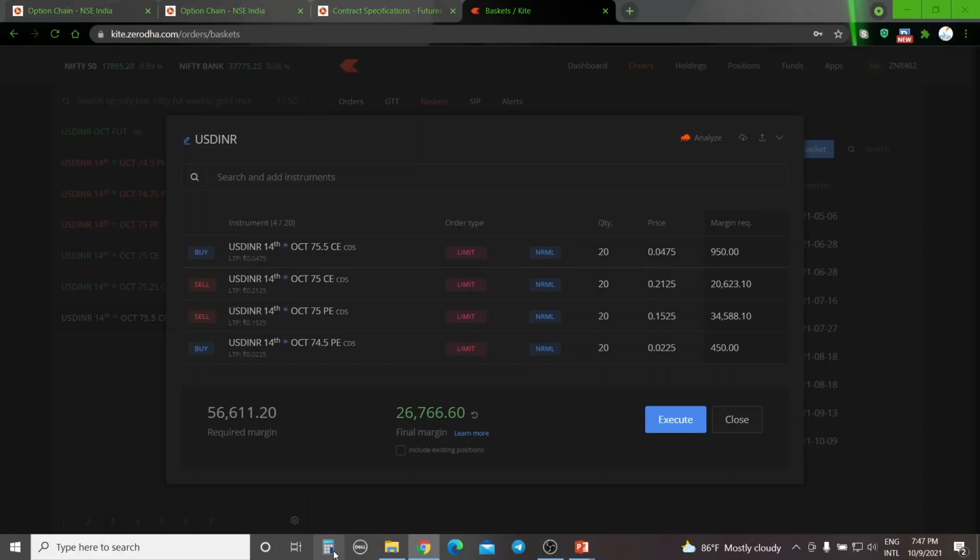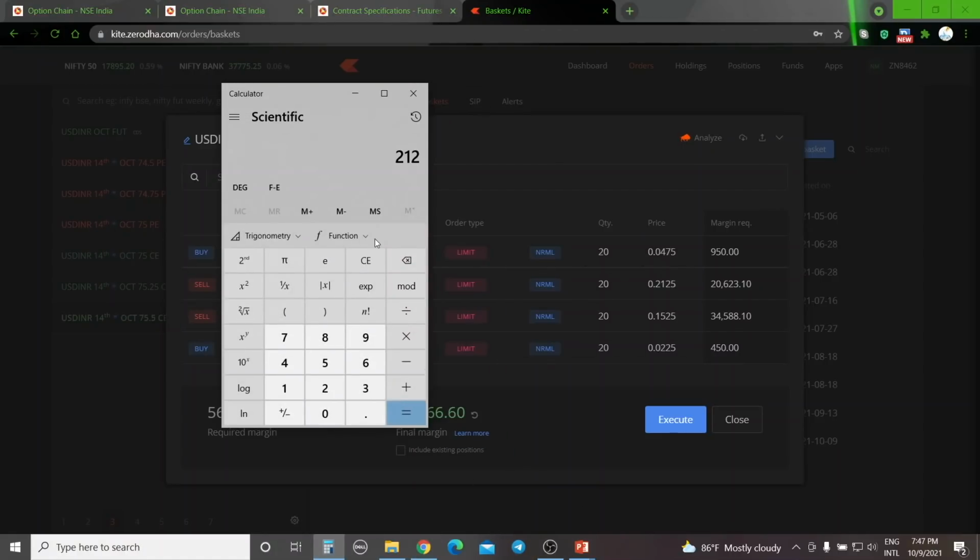So we have seen 2125 multiplied by 2 plus 25 multiplied by 2. So this we got 7,300, minus 475 multiplied by 2, minus 225 multiplied by 2. I am going a little faster because I know the formulas.